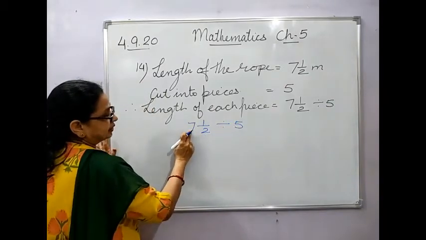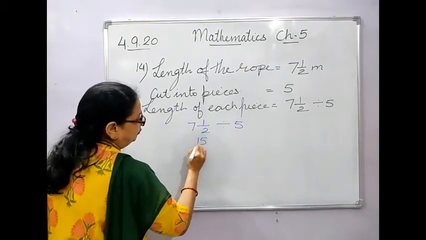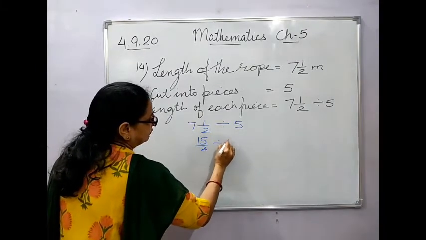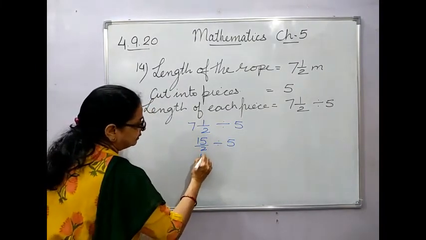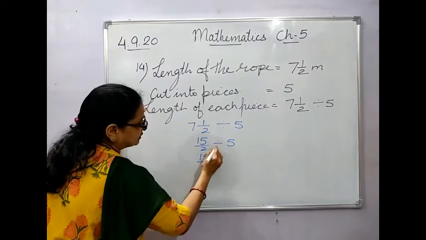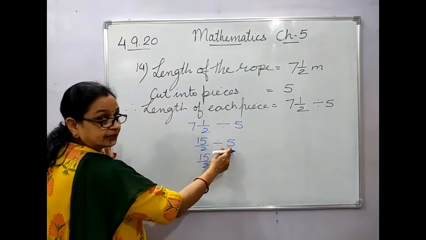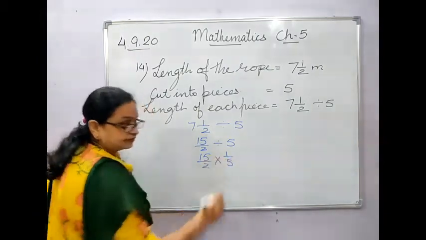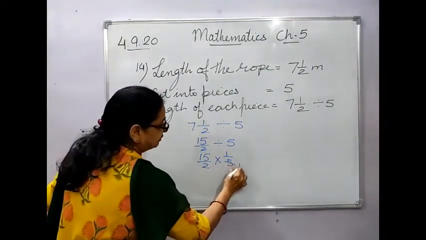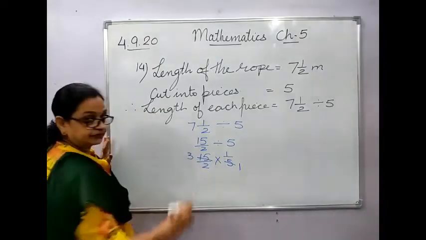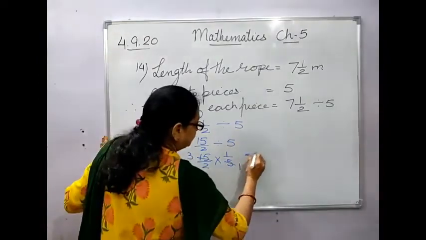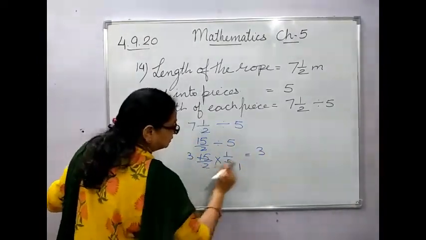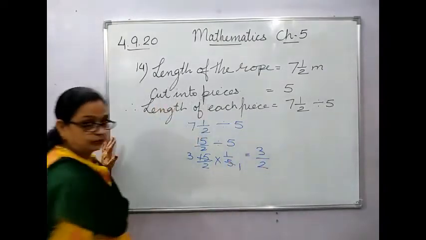2 7s are 14 and 1 is 15, so 15 upon 2 divided by 5. Now we will convert it. This sign will change to multiplication and this will get reciprocated, so it will be 1 upon 5. 5 1s are 5 and 5 3s are 15. So it will be 3 1s are 3 and 2 1s are 2.